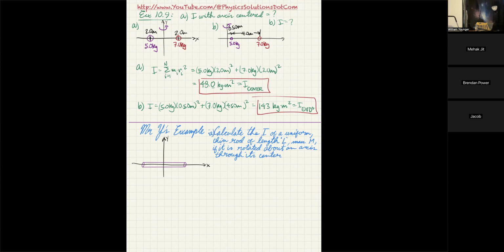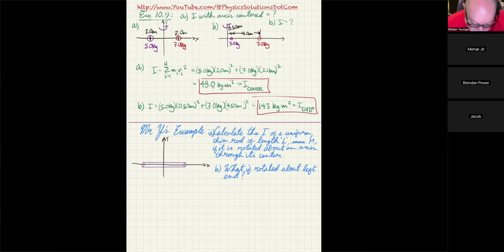That's going to be part A. Part B, what if rotated about the left end?